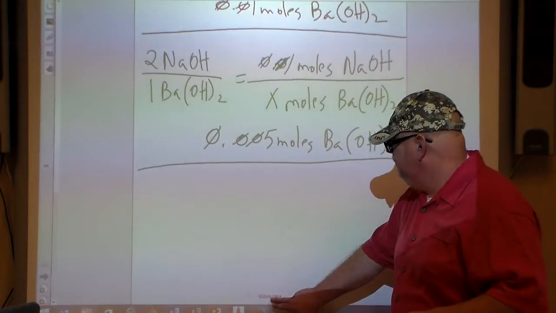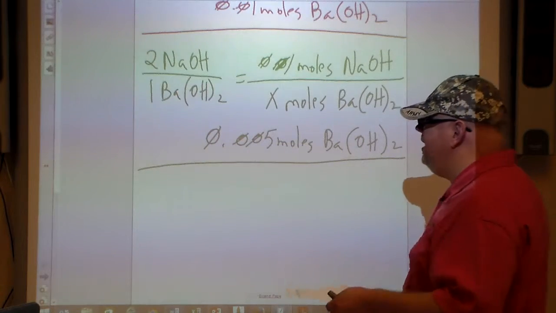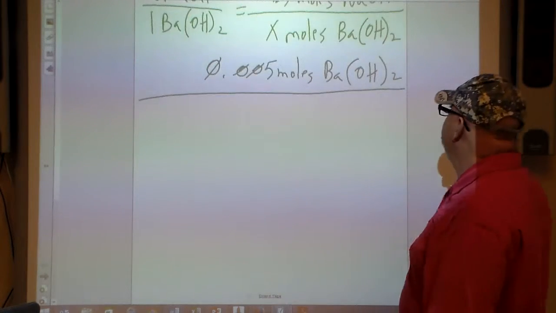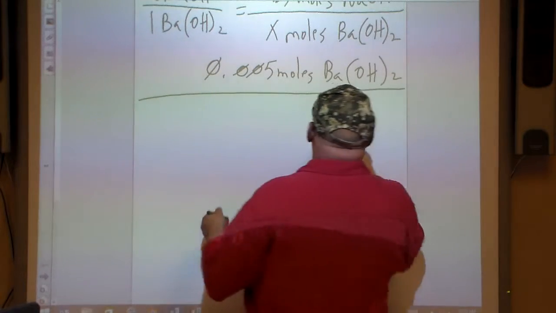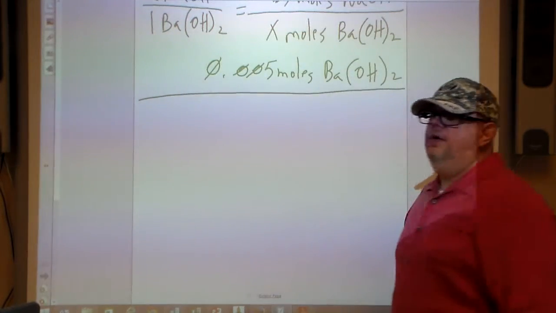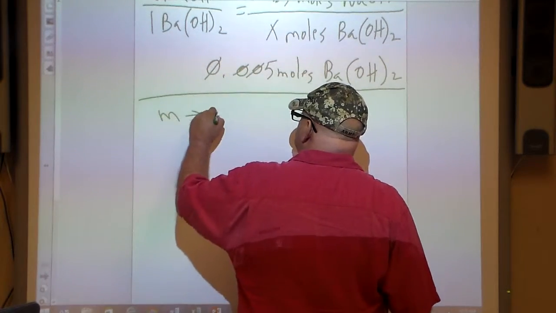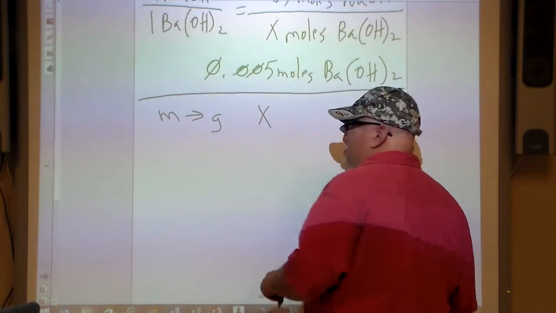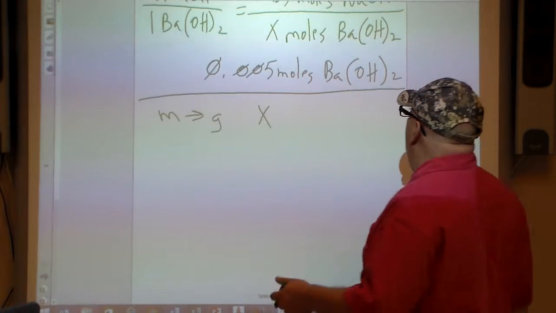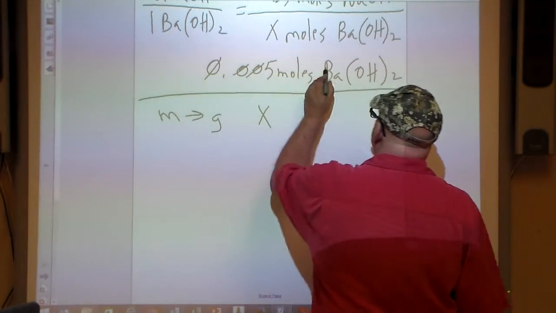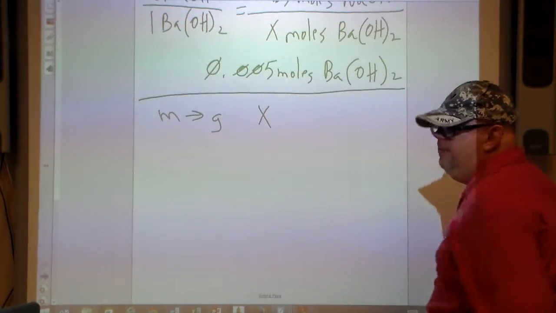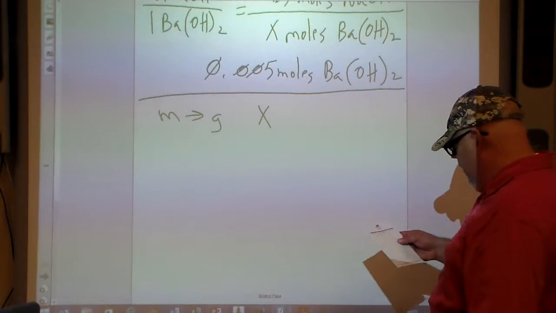Now, the final thing, because they're asking us how many grams of this stuff we're going to get. Now that we have moles of barium hydroxide, we can go from moles to grams by multiplying. We have to figure out how many grams per mole there are in Ba(OH)2.